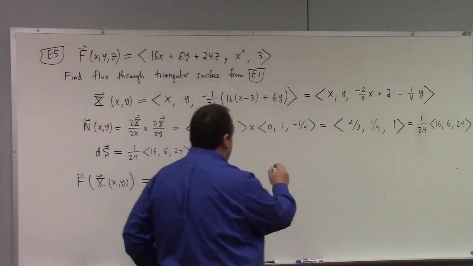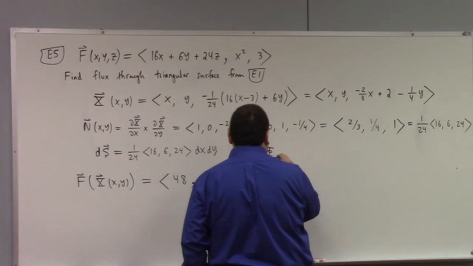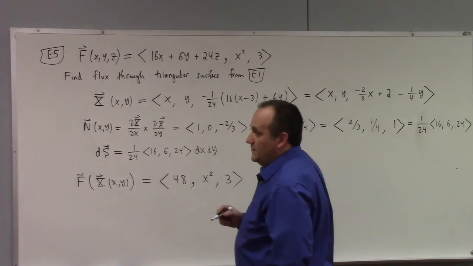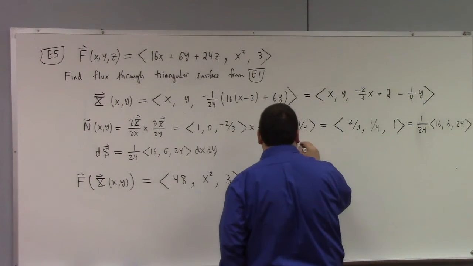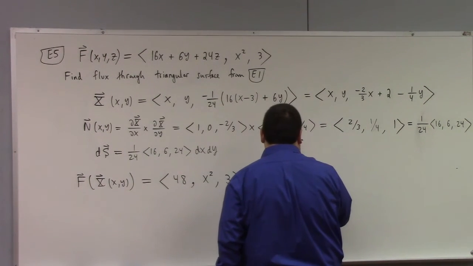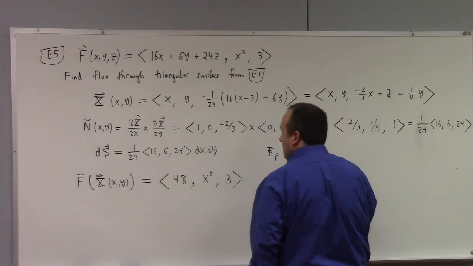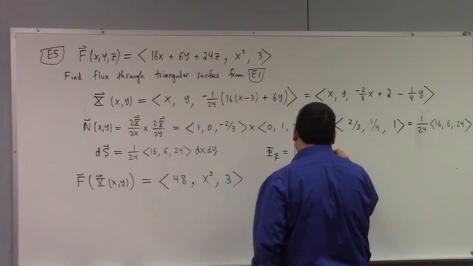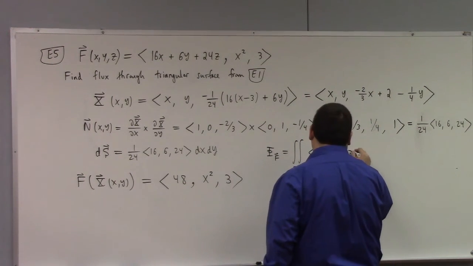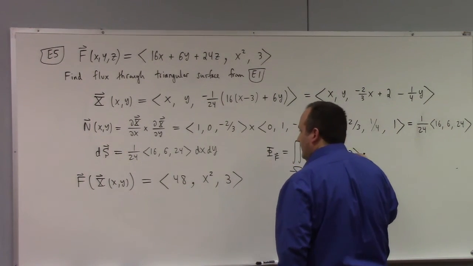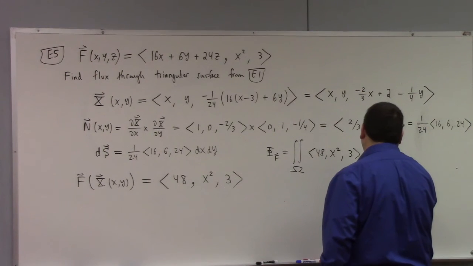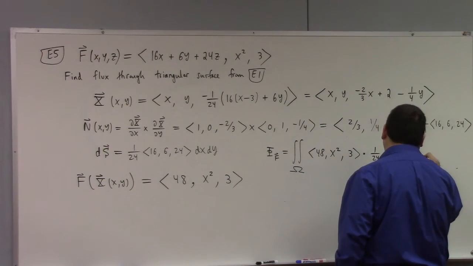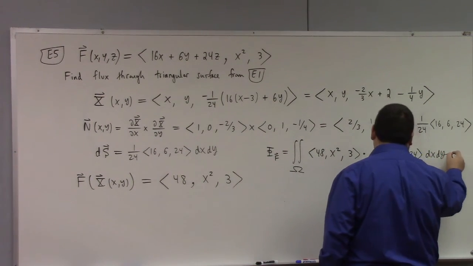The flux then, and I need a name, let me just say it's the integral over, I'll call it omega, of 48, x squared, 3 dot product with my ds vector, which in this case is 1/24, 16, 6, 24, dx dy.